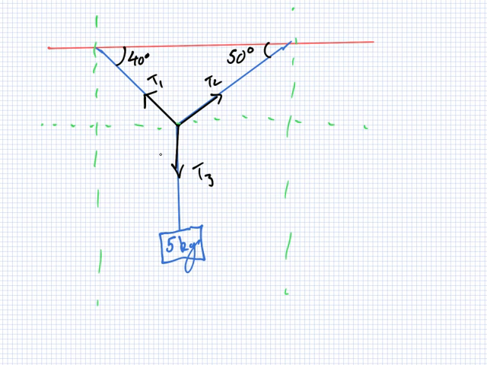Now, before I start, how do we know we need to use Lami's theorem here, the three-force theorem? No, listen carefully. How do I know to use Lami's three-force theorem? There are 3 forces. Correct! There are 3 forces here, so we can use Lami's theorem. Lami gave us a formula to relate the tensions and the angles.